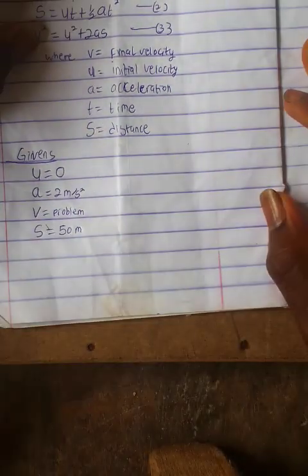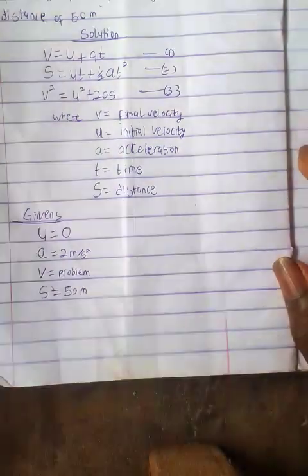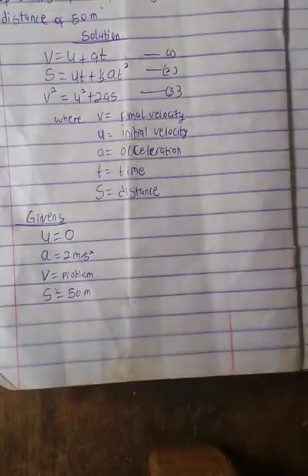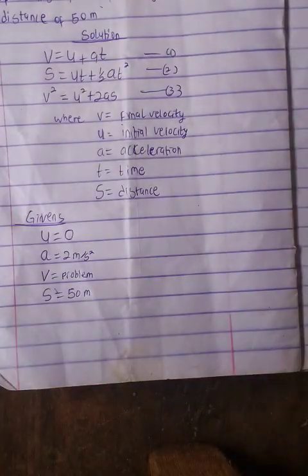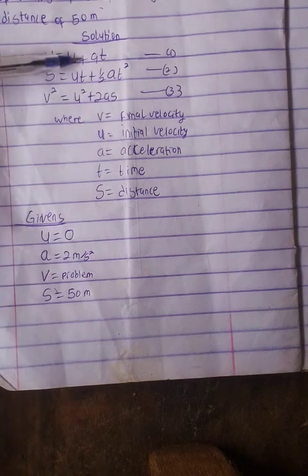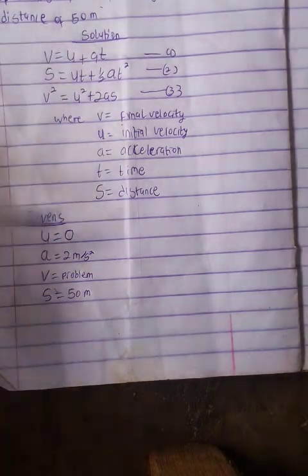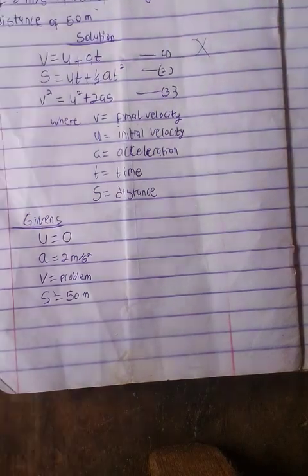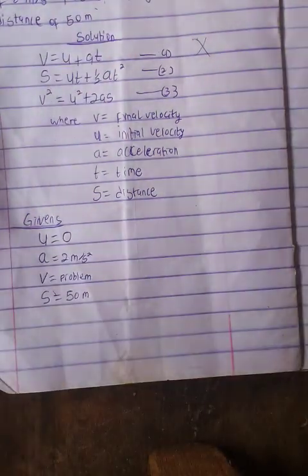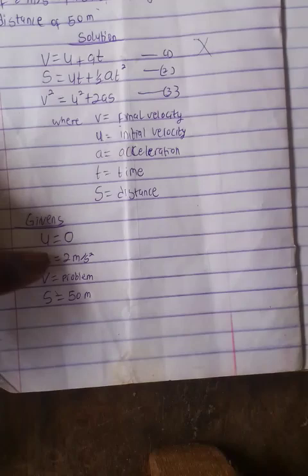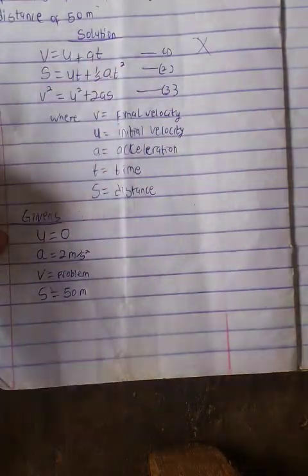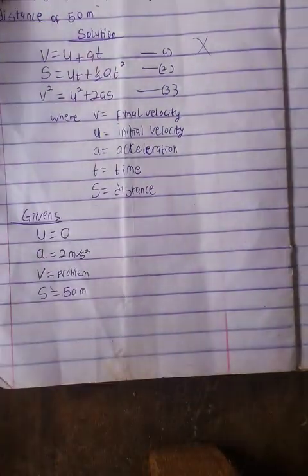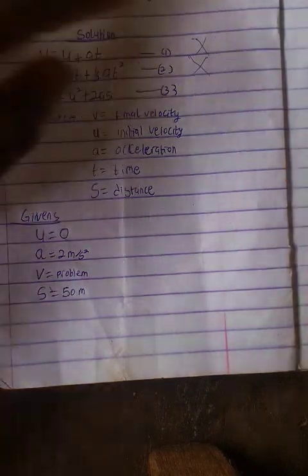So now, what next are you going to do? Look for the equation of motion that contains these givens. Let's try equation 1. Equation 1 has u, a, and time, but we have no time. Equation 1 can never work in this situation. Let's move to equation 2. U is there, a is there, time. We are not given the time. Equation 2 cannot work in this situation.